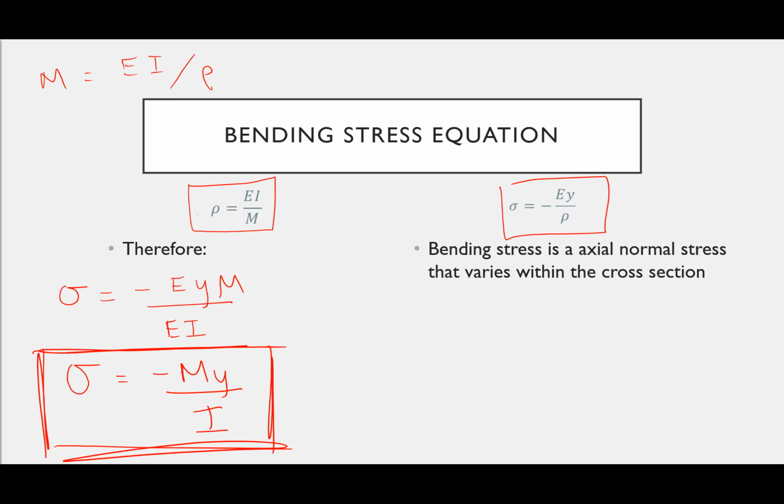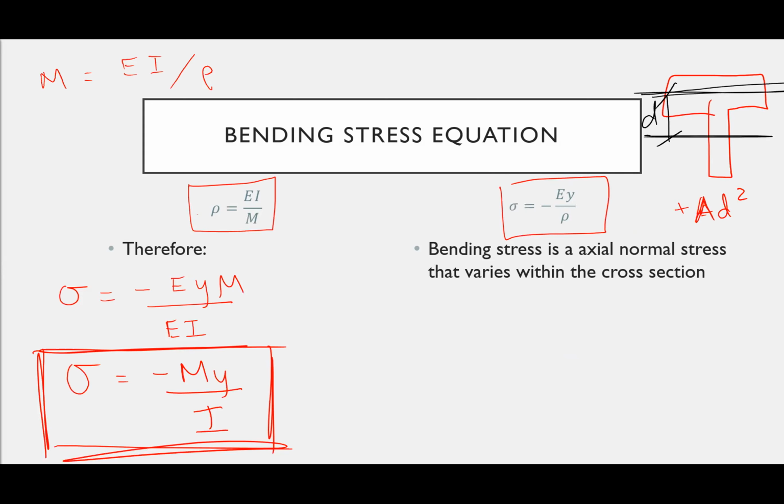If it's not rectangular, there are other formulas. Or if you can make it out of other small rectangles, so if you can make it out of two rectangles, each of those is 1/12 BH cubed, and then you have the parallel axis theorem, where you add AD squared, where D is the distance you need to move from the centroid of its shape, like the centroid of that flange, to the centroid of the whole thing. So that would be your D.